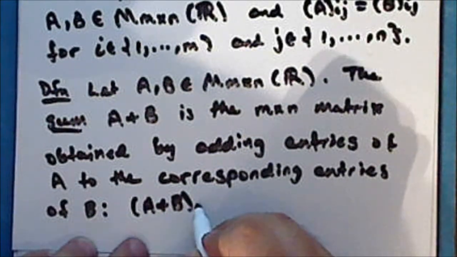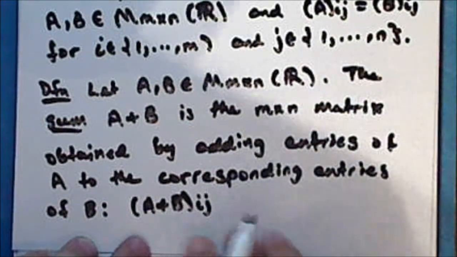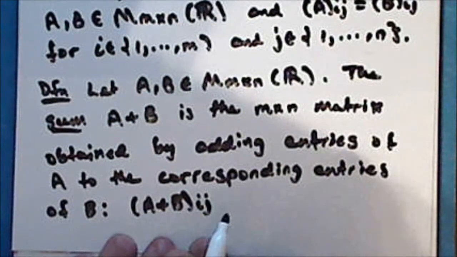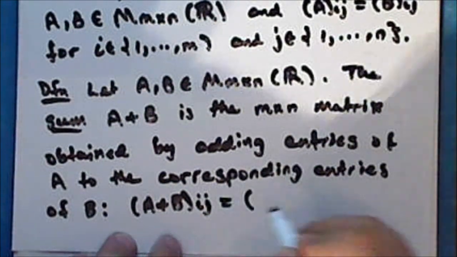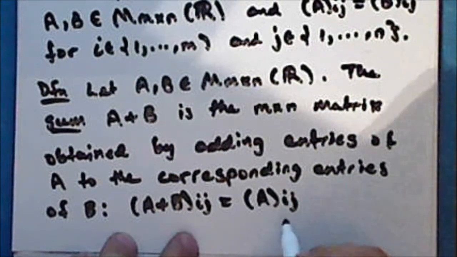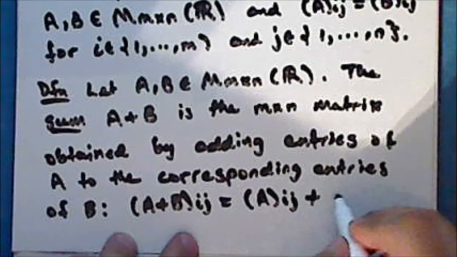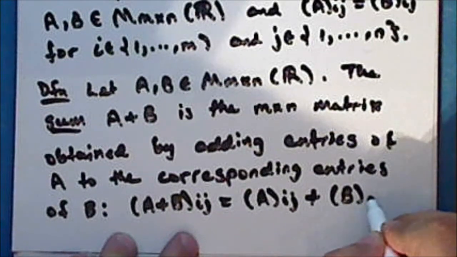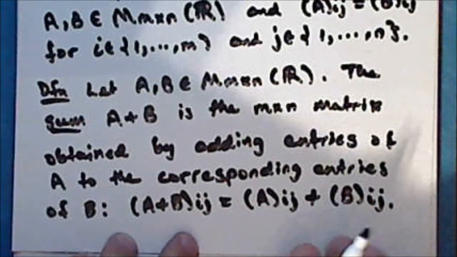The entry in row I, column J, of the sum A plus B is the sum of the entry in row I, column J, of the matrix A, and the entry in row I, column J, of the matrix B.